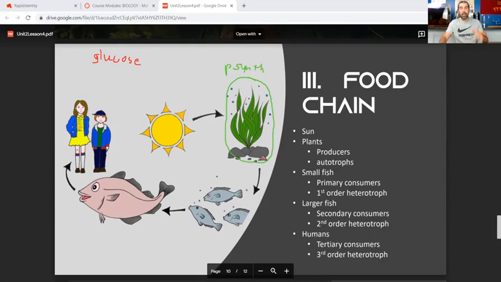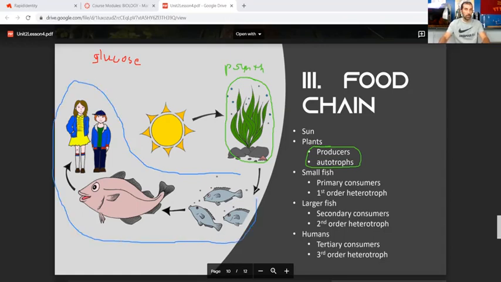Since it is making its own glucose, it will be called a producer or an autotroph. Now, all of these other levels, since they are not producing their own glucose, since they're just simply eating glucose that was produced by the plant, would be called consumers, also known as heterotrophs.